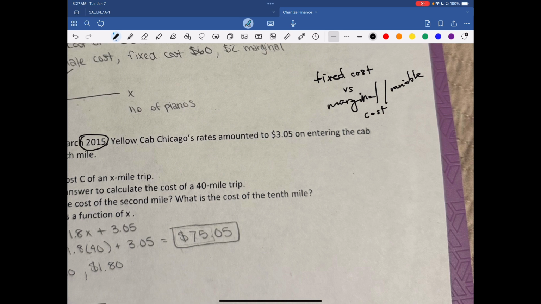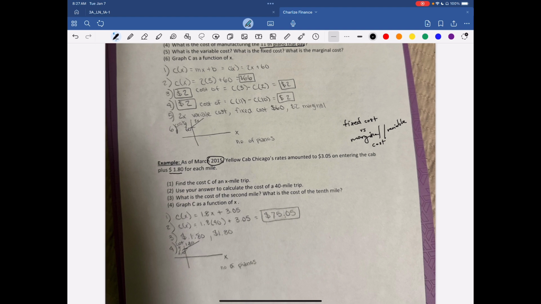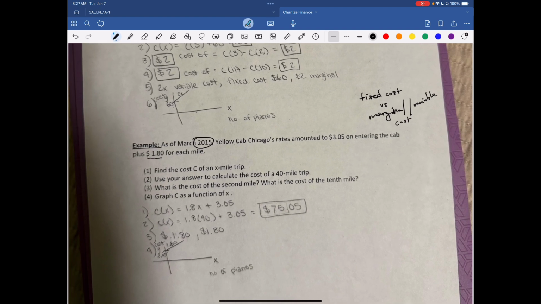But if I were to take an Uber to the airport, it would be maybe the $10 plus the amount of money per minute that I spent getting to the airport. So that makes some sense as to how to interpret the problem.